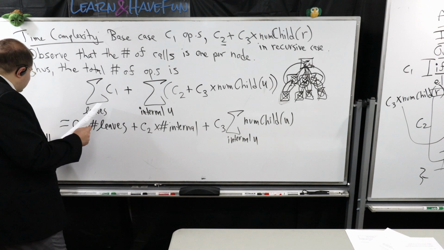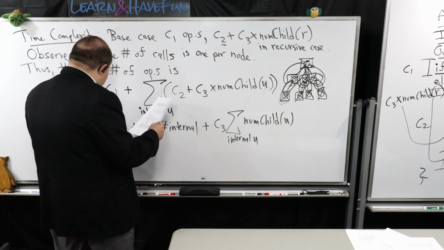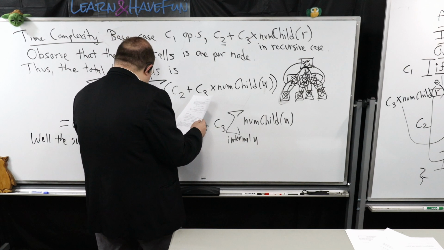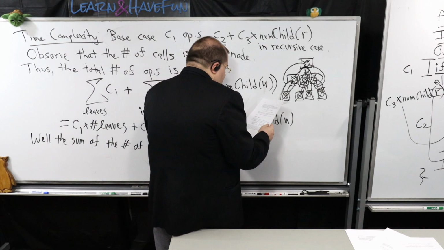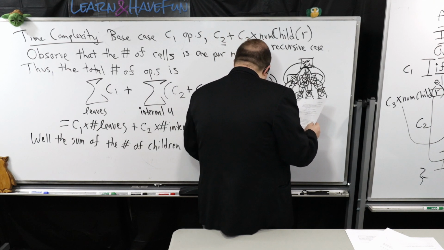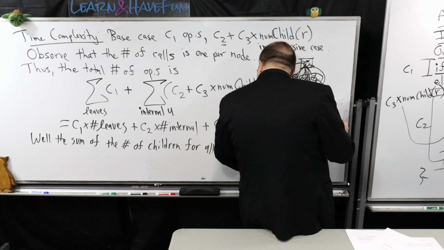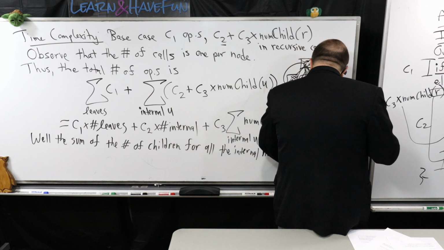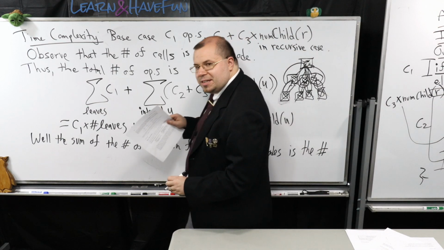Well, the sum of the number of children for all the internal nodes, because remember, I want to know this right here, right? For all the internal nodes, that is the number of edges. It's just the number of edges.